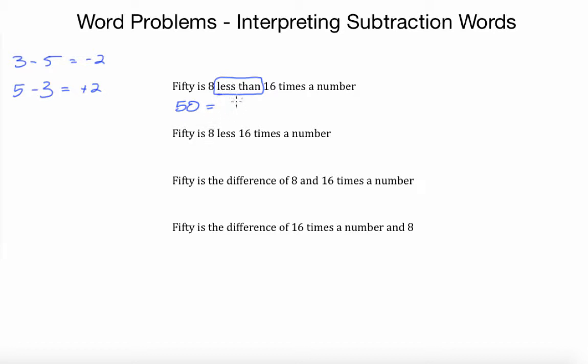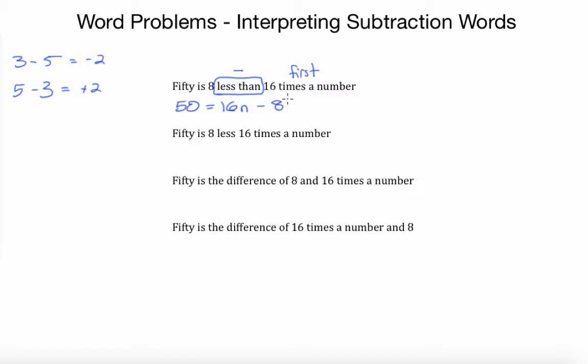What students often do is see 8 less than and write 8 minus 16n. But really, I have 16n first. There's 16n, and then I have 8 less than that. So the 8 less than actually comes on at the end. Take my initial amount and I have 8 less than it.